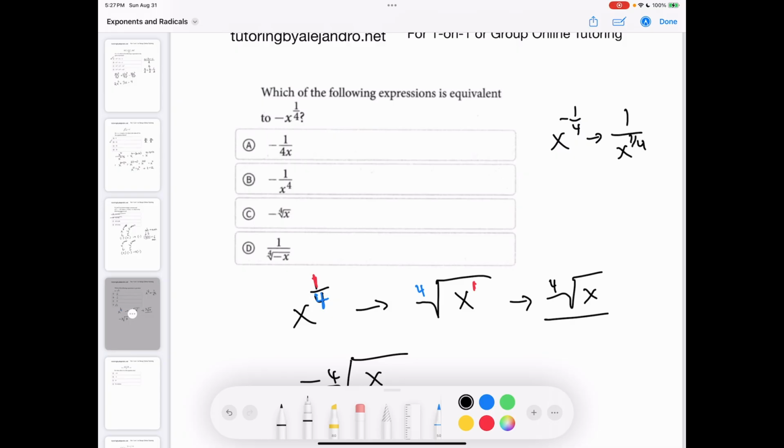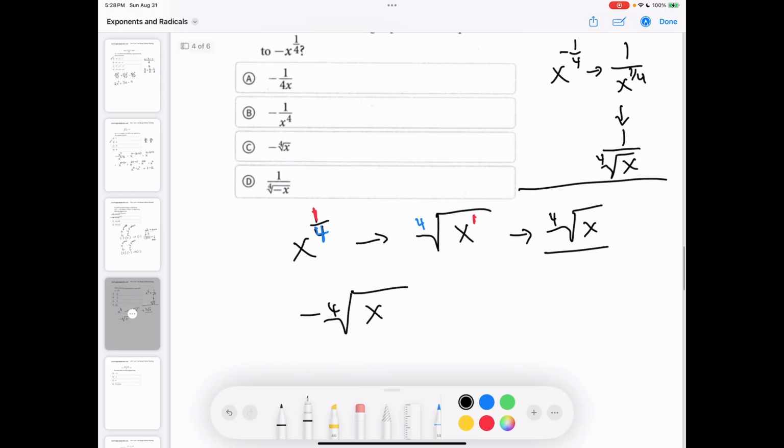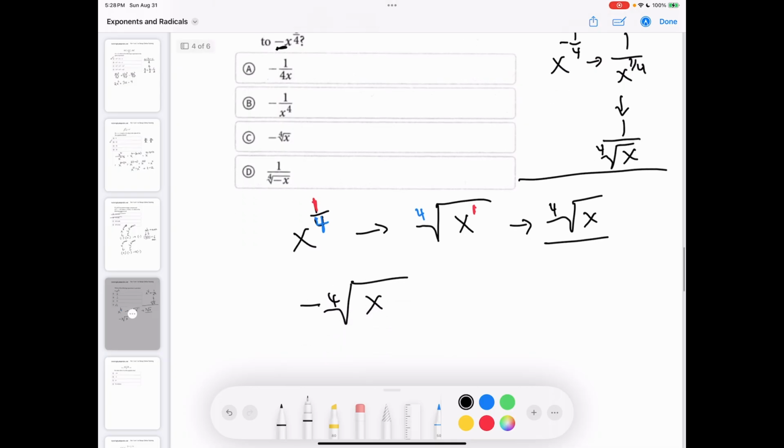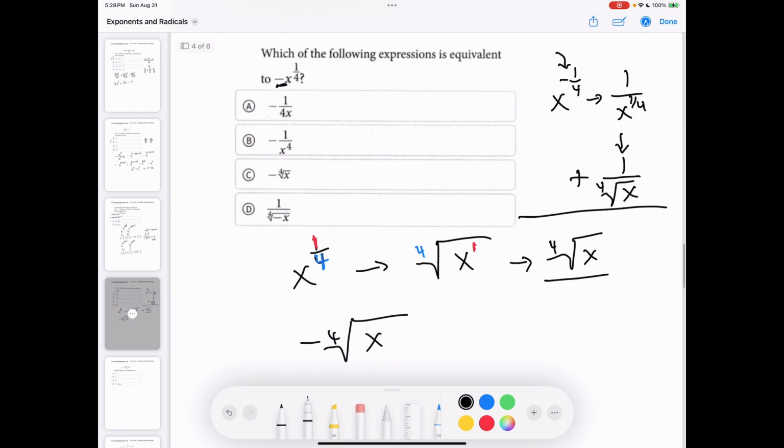Then I can rewrite that x to the 1/4 like we did below, as 1 over the 4th root of x. So the placement of the negative sign is very important. In this case, since it was outside of everything, the entire term will be negative. If it had been inside with the exponent, you end up with a positive value. So to summarize, our answer is C.